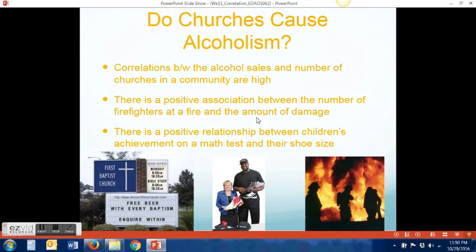What about our firefighters? Well, it turns out when there's a really big fire, there's lots of damage, and we also send lots of firefighters. So in this case, size of the fire is the third variable that's resulting in both of these things. And then finally, our shoe size.